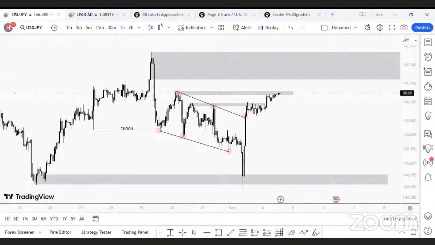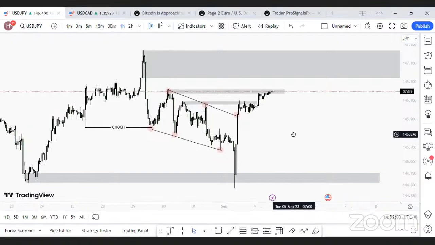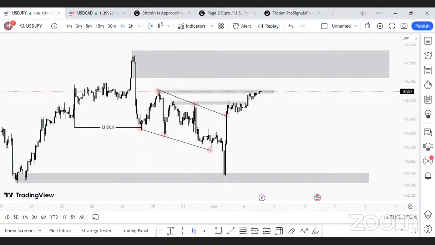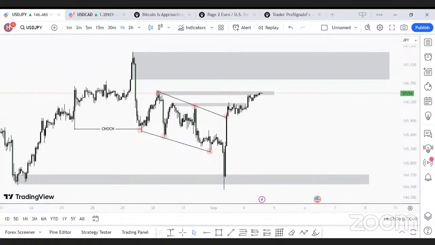And then what is the difference between limit order and pending order? Let me show you a slide. Okay, let me go to my trading app and show you from there.